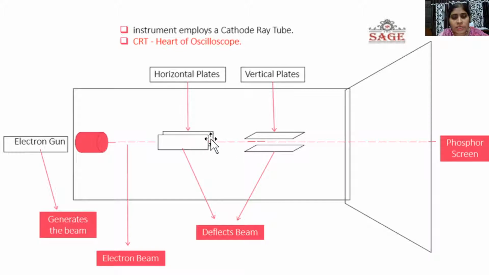The horizontal plates deflect the beam in the horizontal direction, and the vertical deflection plates deflect the beam in the vertical direction, and this deflected beam strikes the screen. The screen is coated with phosphor. So this is the screen, and this is the very basic diagram of the cathode ray tube, CRT.